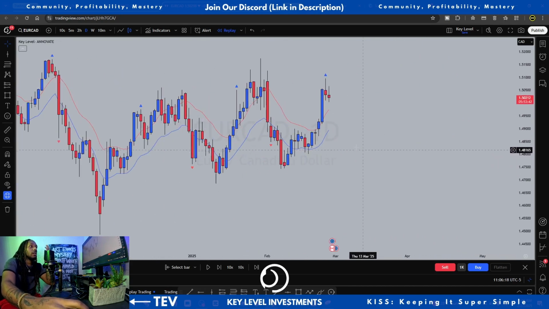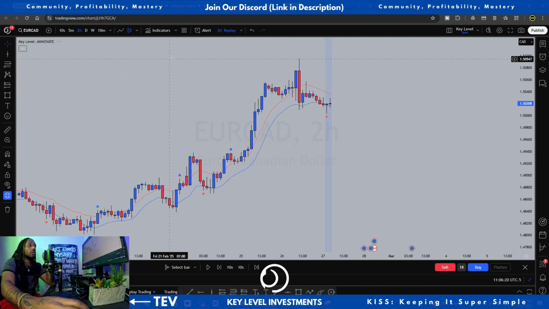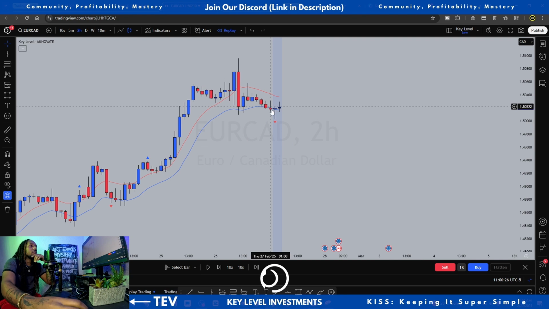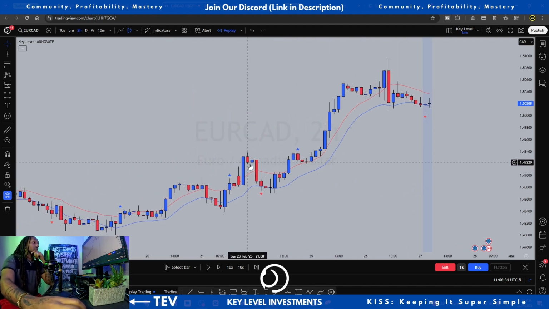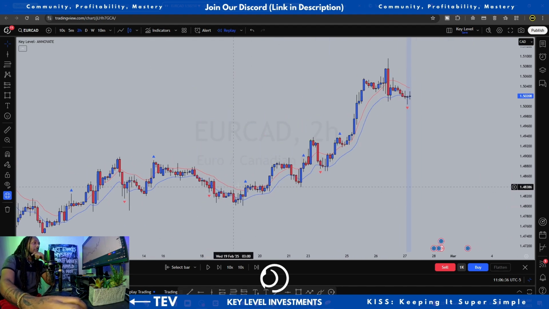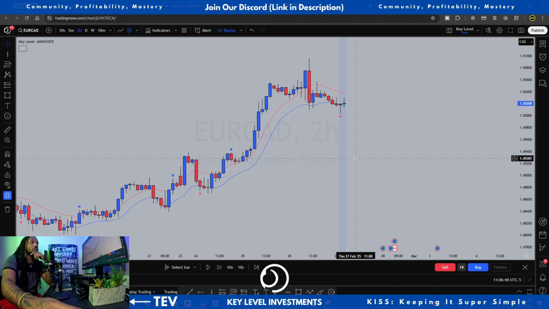And since you're trading a lower time frame, let's just stick to 2-hour and going down, but it's still saying that it's bullish. You see on the 2-hour chart, we're just bullish. I wouldn't even try to trade in here anywhere at all. I'm waiting until I see a bullish plot like this. Every time you see the bullish plot, these are opportunities for you to take the trade higher.